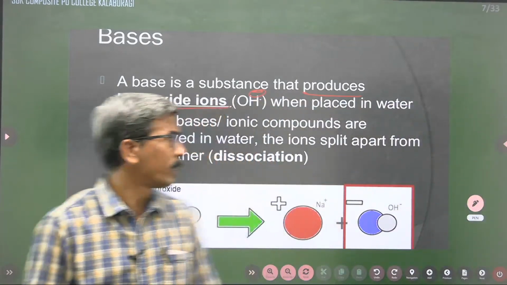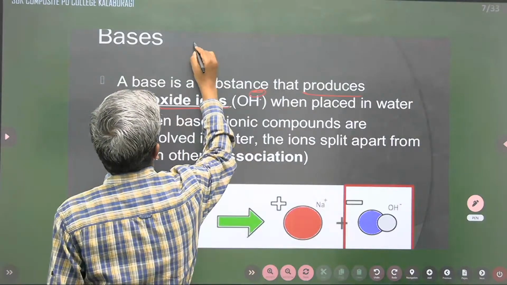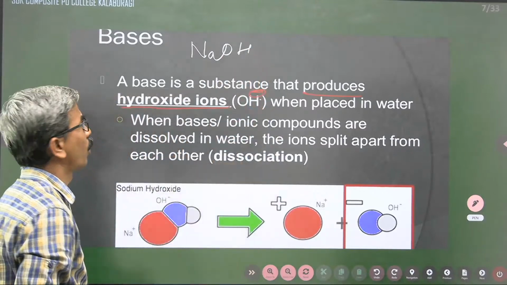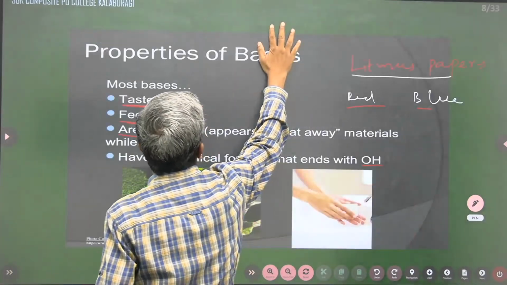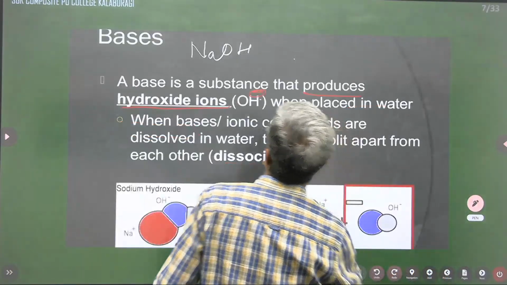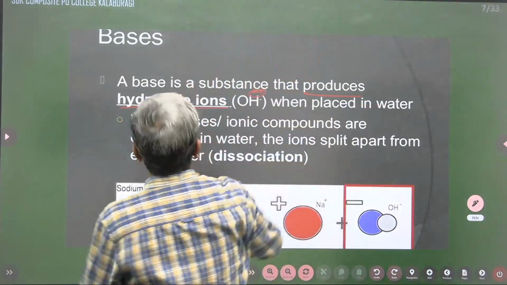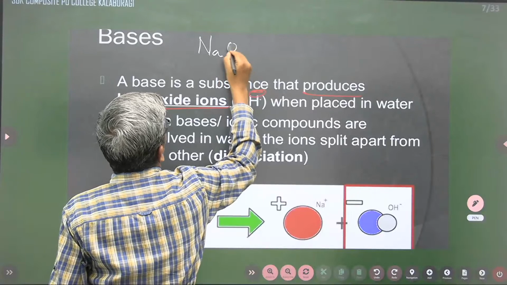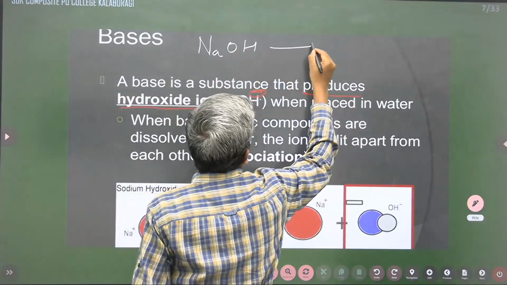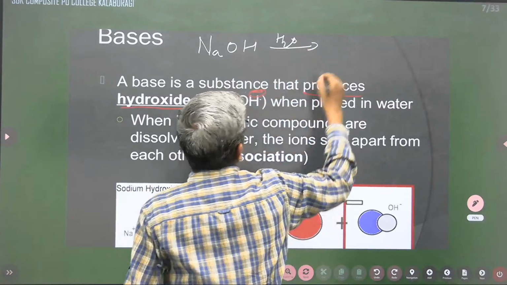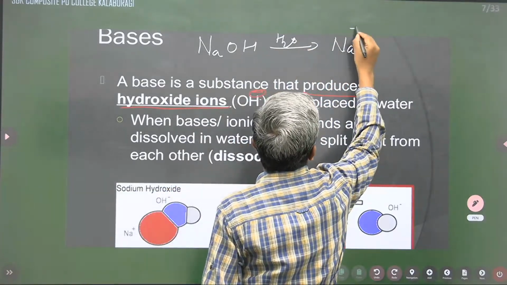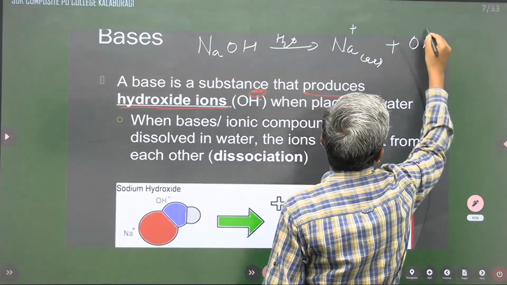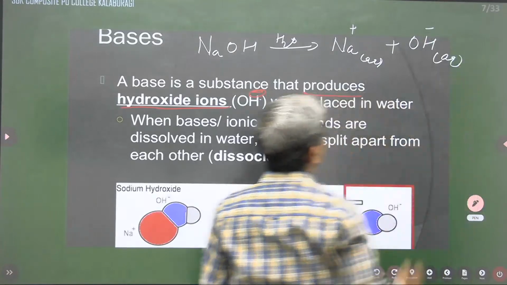Now here, if I take one simple example, this compound NaOH, sodium hydroxide, and you add it into water, it will form Na plus in water plus OH minus in aqueous solution.